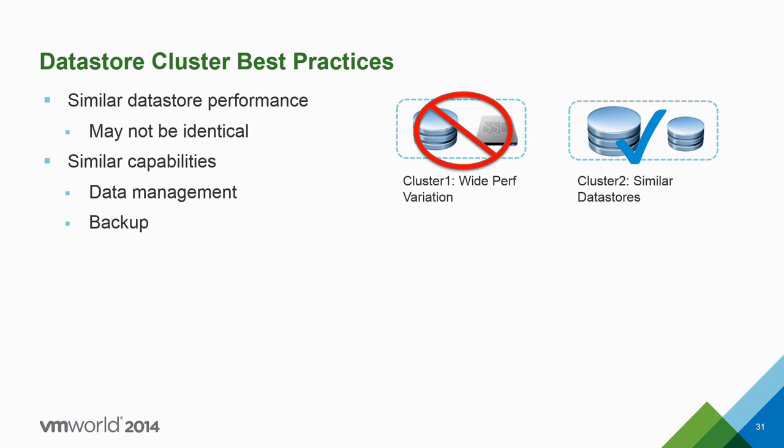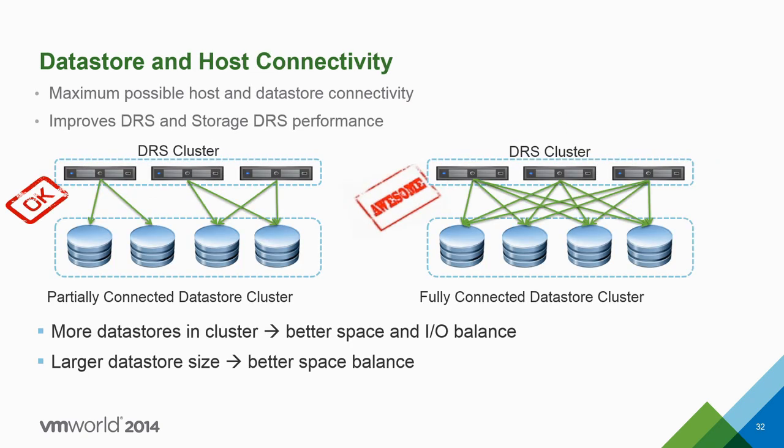Okay. For data store clusters, again, a similar thing. You can put many different varieties of data stores into the same cluster. But when you're putting multiple data stores in the cluster, make sure that they have roughly the same performance. Don't put in very varying characteristics in terms of performance, or very varying data management characteristics, between data stores. In terms of connectivity of those data stores to the individual hosts, so far as Storage DRS is concerned, partial connectivity is okay.